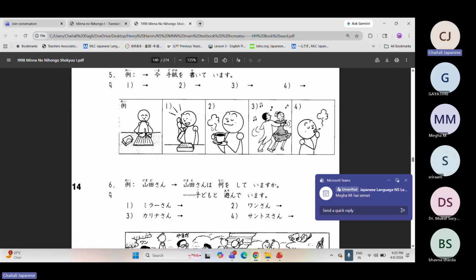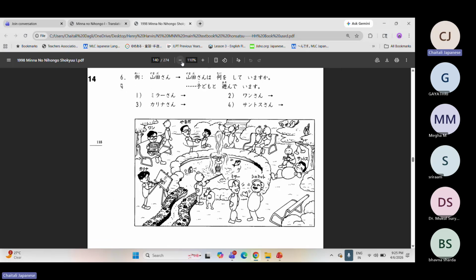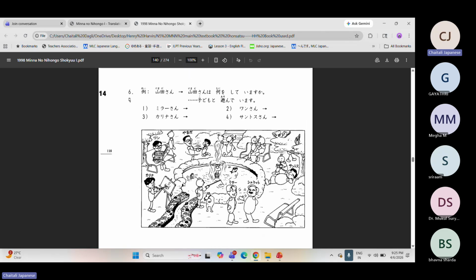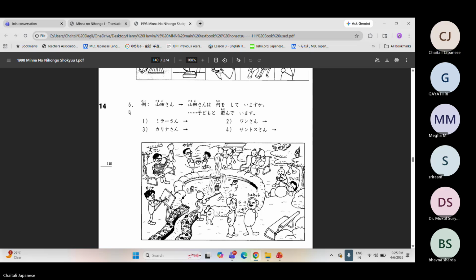Perfect. Okay. Now, this question 6 is a very interesting one. Question 6 and 7 are both interrelated. What we are going to do here is look at the photo.